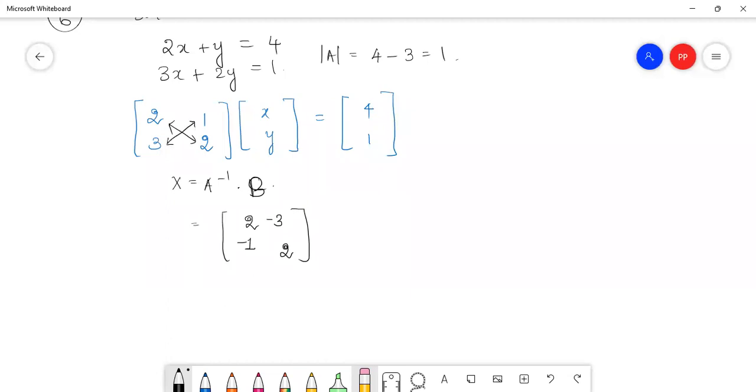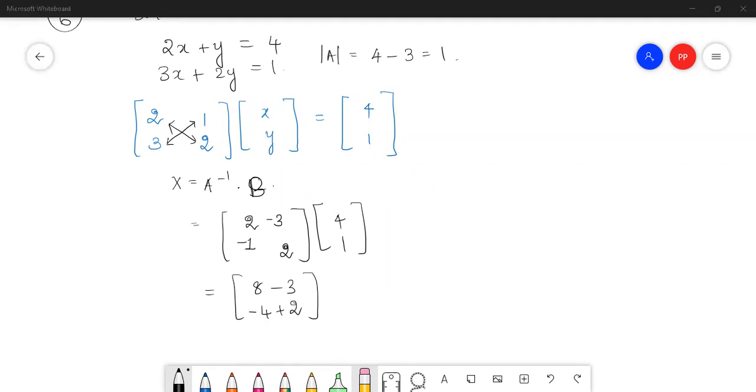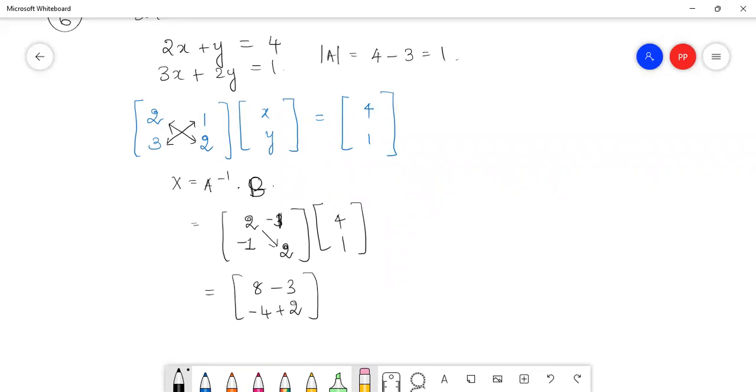Whereas 1 and 3 will also interchange, but the sign will change for both of them. So 8 minus 3, minus 4 plus 2. You got 7 and minus 10 as the answer but it doesn't come for me. Only the main diagonal should be swapped, and for the other diagonal only the sign should change. Yes Kathir, that is right. I think I made that mistake.